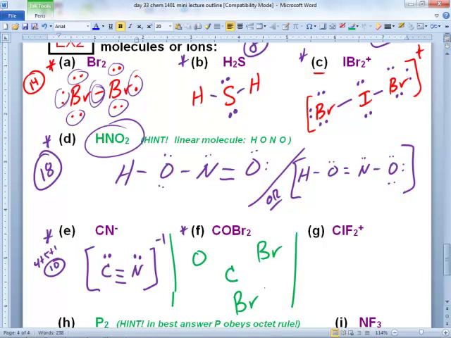And there's no charge, so just see what the total number of valence electrons are in the electron bank, and then start distributing.